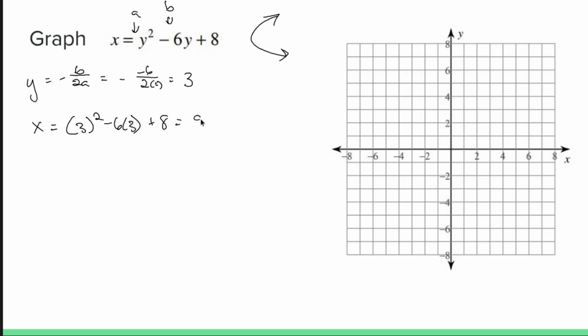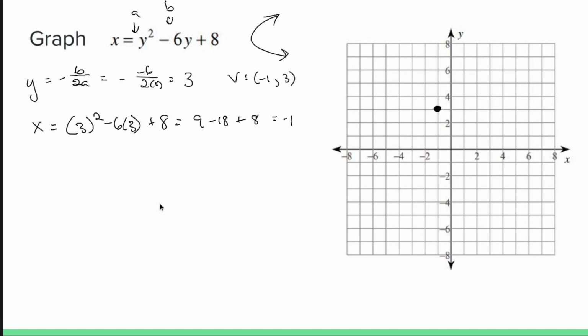That's going to be 9 minus 18 plus 8. Negative 9 plus 8 is negative 1. So x is negative 1, so my vertex is negative 1, 3, bada bing.